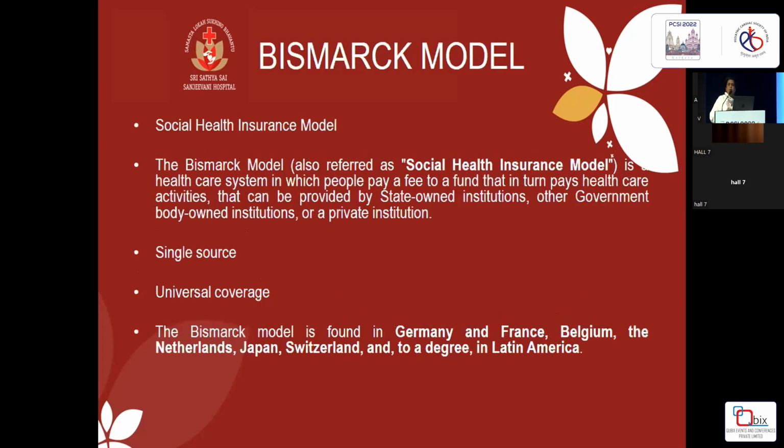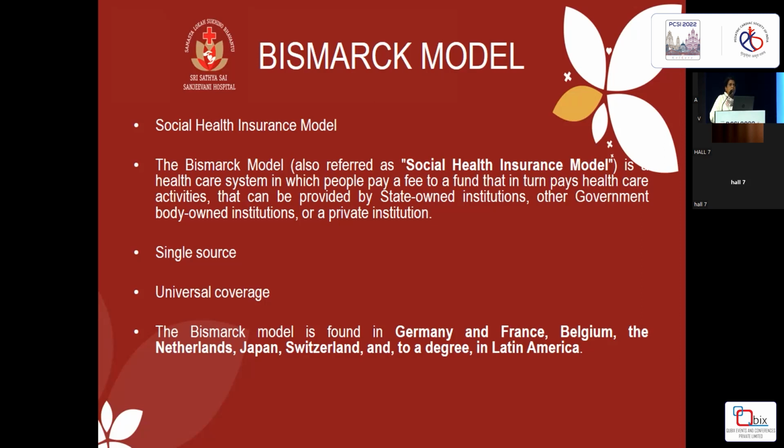The second model is the Bismarck model, and not surprisingly, it comes from Germany. It is more of a socialistic model, also called the social healthcare model, wherein the healthcare system is substantiated by social insurance, and the social insurance is non-competitive, and the private players are not a party to that social insurance.